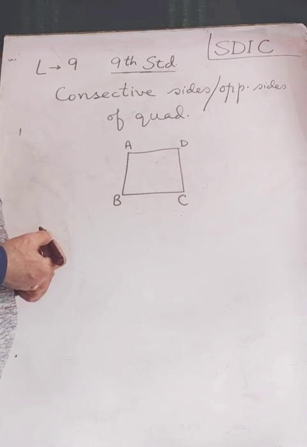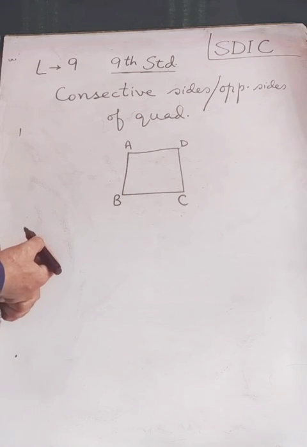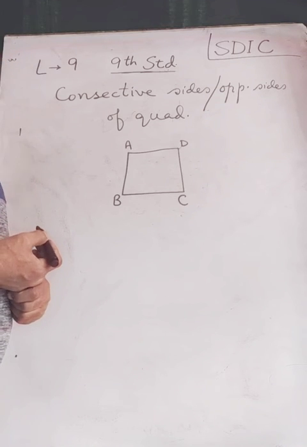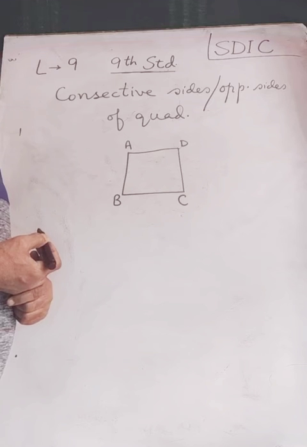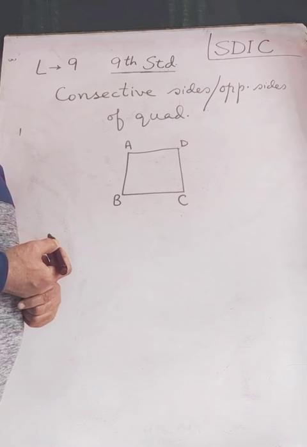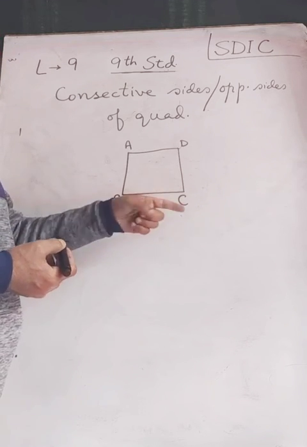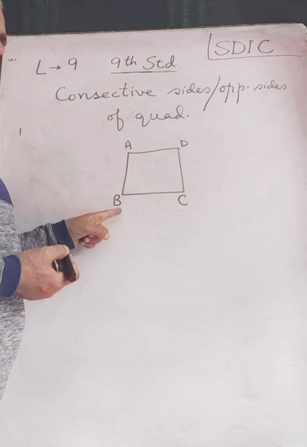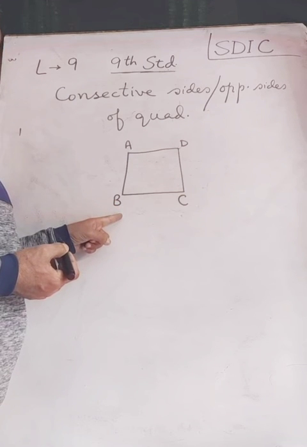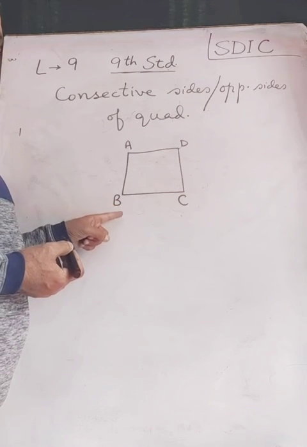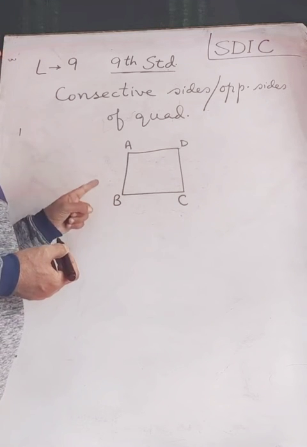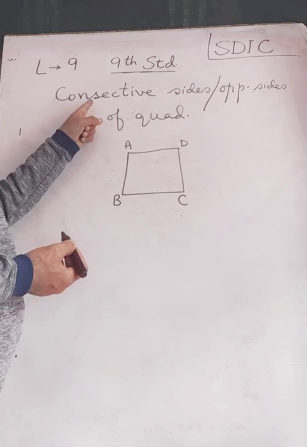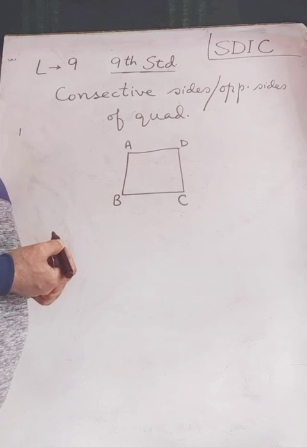4 sides are there. Now out of these, 2 sides which have one endpoint common, for example, AB and BC. These have one endpoint common. B is the common endpoint of these. Those 2 sides which have one endpoint common are called as consecutive sides.